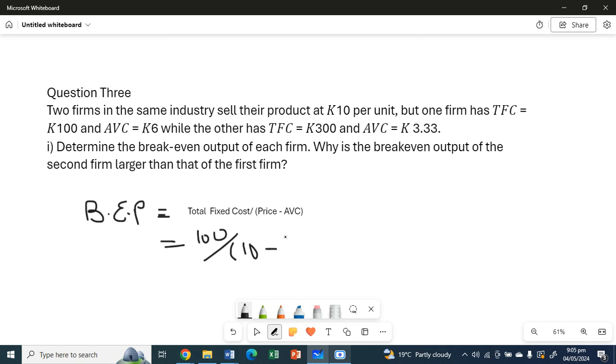Let's get our calculators. 10 minus 6 is 4. 100 divided by 4 is 25 units. So for firm 1 to break even, they need to sell 25 units.